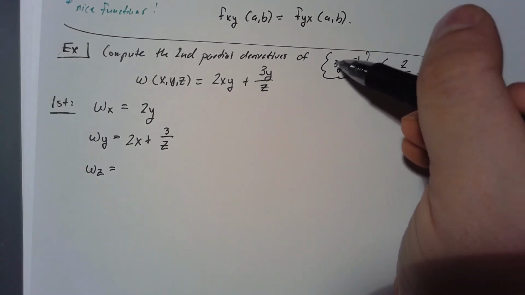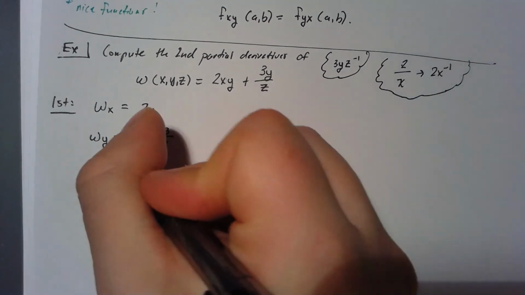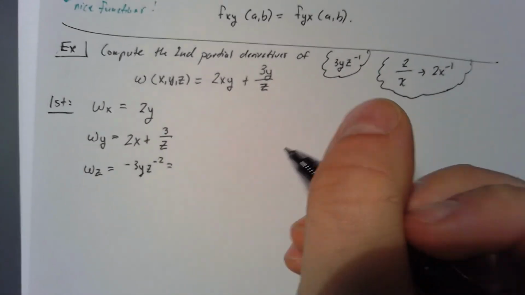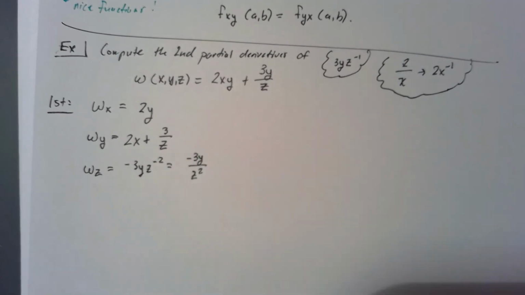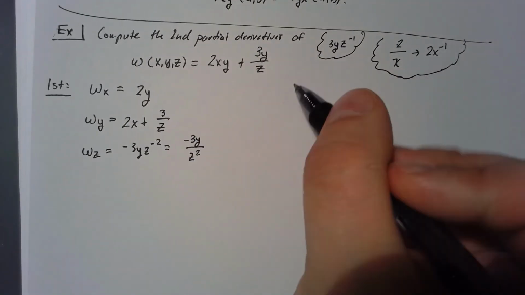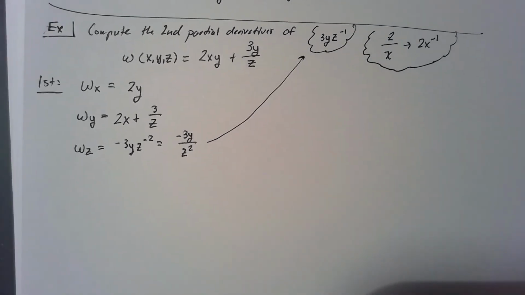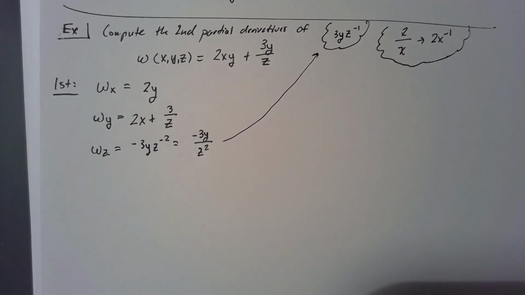So I'm going to have negative 3y times z to the negative second, which I could just write as negative 3y over z squared. All right. I'm just thinking this one is that, right? Okay, those are the first derivatives. That's easy.